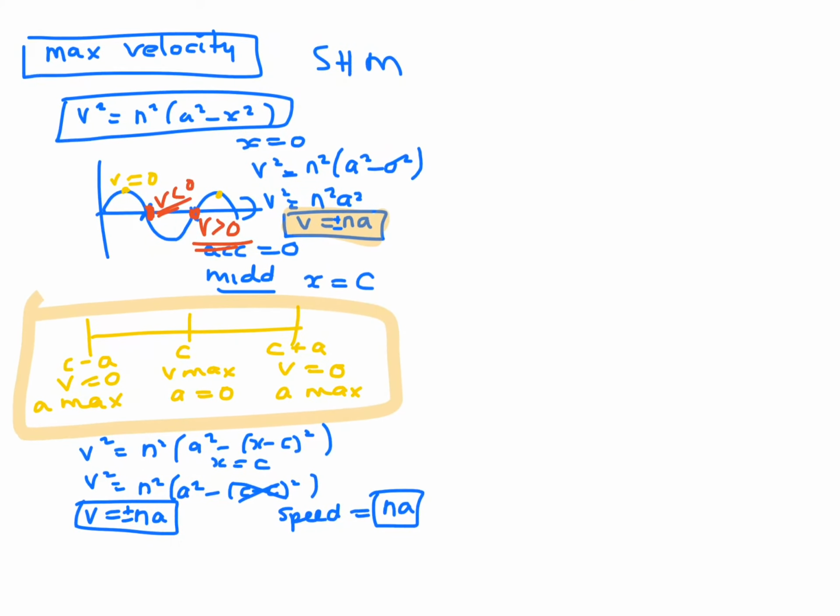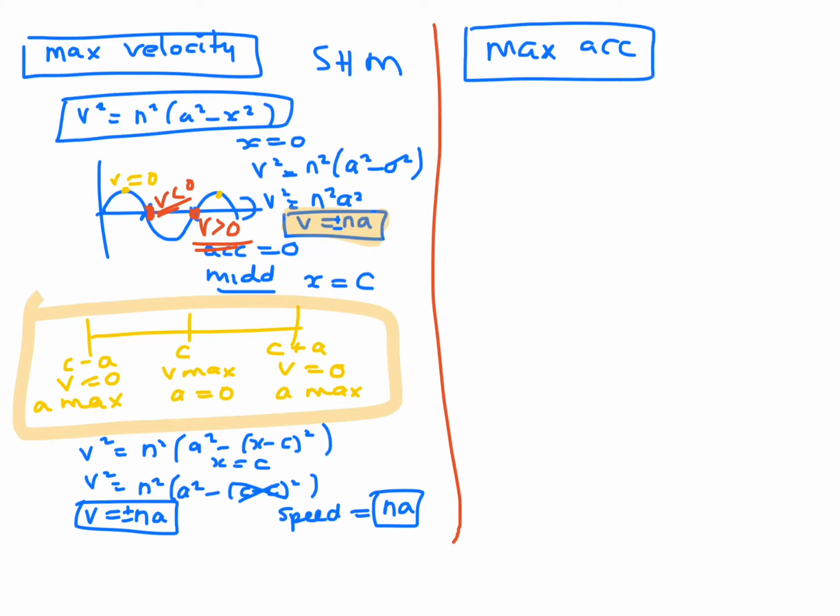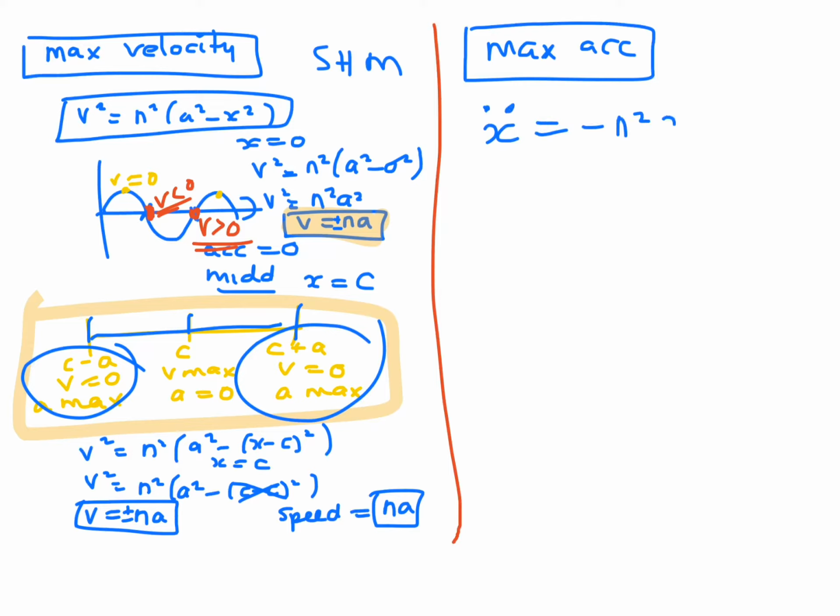So you've got maximum velocity, but besides maximum velocity, you can also look at maximum acceleration. If you look at the same graph that we had down here, the maximum acceleration is at the endpoints. We've got x double dot equals minus n squared x.